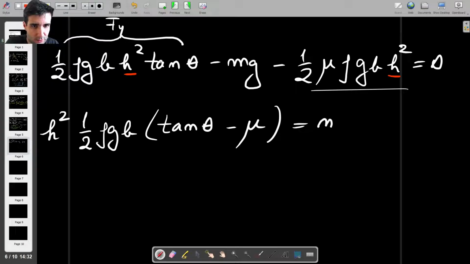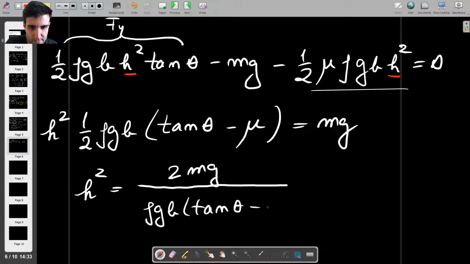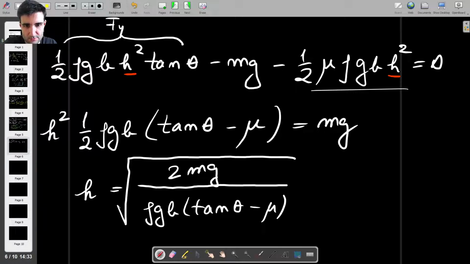Okay, and this is going to be equal to mg if we put minus mg to the other side. And therefore, h squared will be 2mg divided by rho g b times tan theta minus mu, and of course we can just square root this to get h by itself.